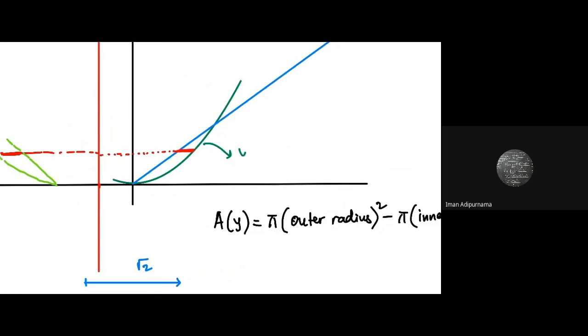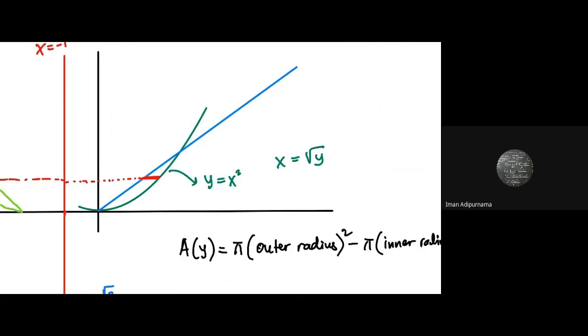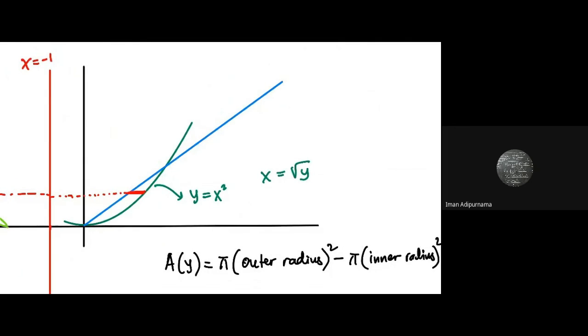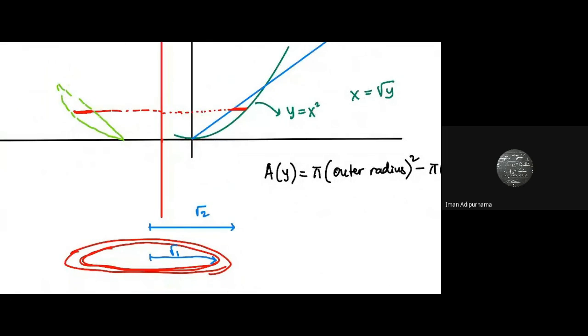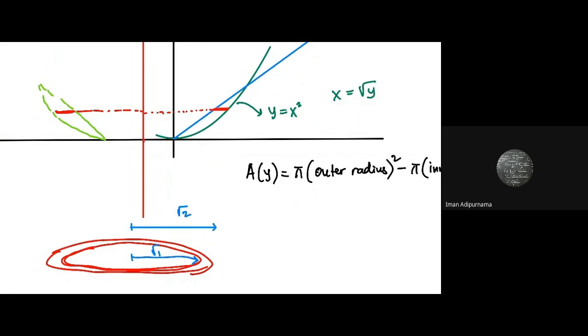Okay, so you have the functions now. You need to change all the functions into functions of y. So x squared becomes x equal square root of y, and x equal y is just x equal y. Then we can put them into our equation.